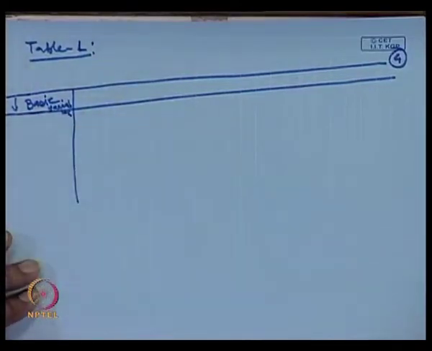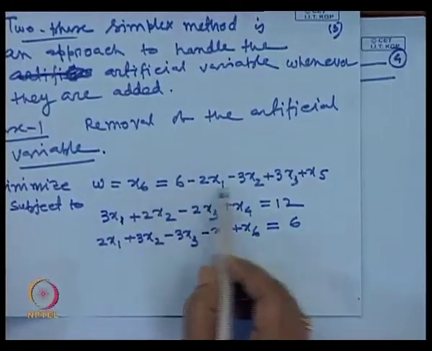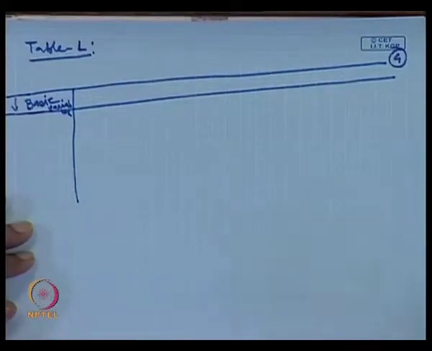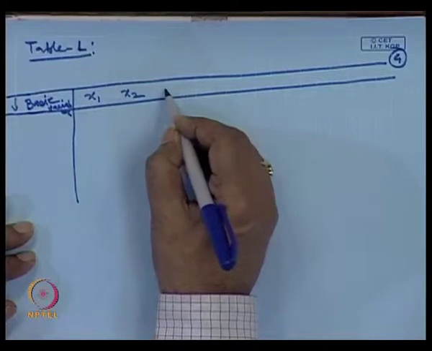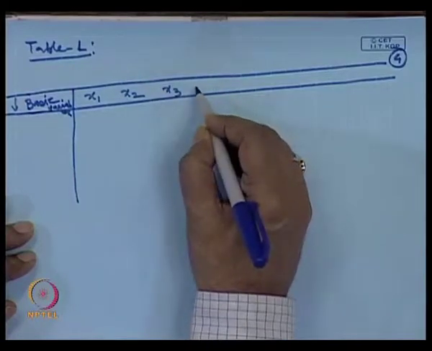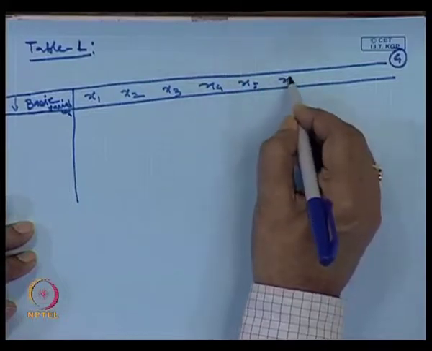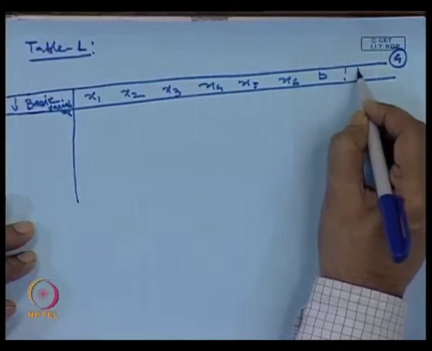Then how many variables are there? If you see in this equation, x 1, x 2 up to x 6, so 6 variables are there. So you write x 1, x 2, x 3, x 4, x 5, x 6, then b, then ratio.